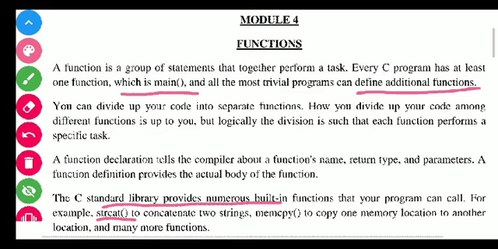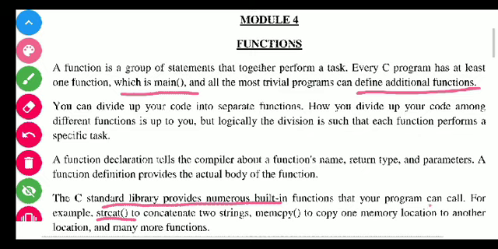Two strings means, suppose we want to add two words, apple and mango, without any spacing. You can use the function strcat, and inside the parentheses you write apple, mango.